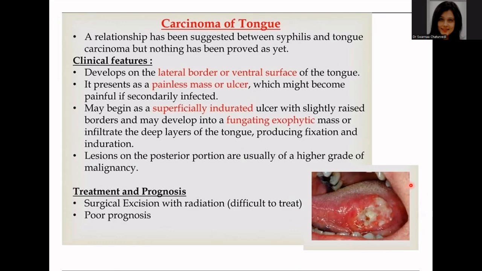A lesion occurring on the posterior portion of the tongue has a higher chance of malignancy. What treatment protocol do we use? Surgical excision with radiation, and this area has the poorest prognosis and is difficult to treat.